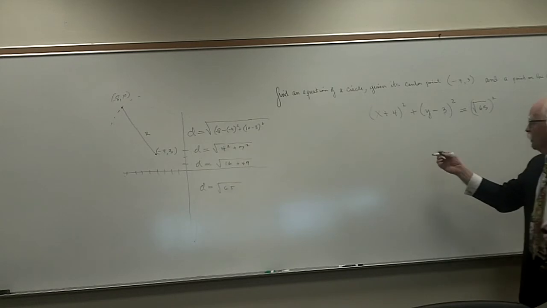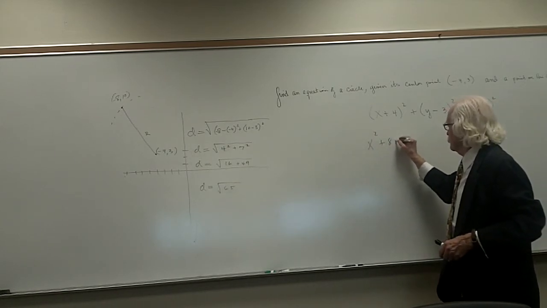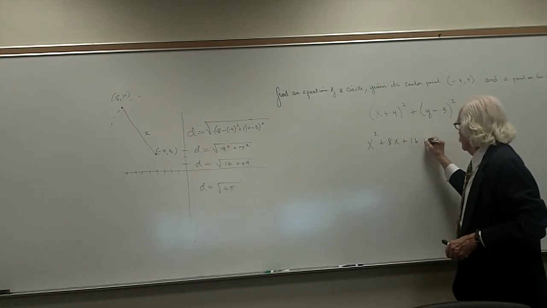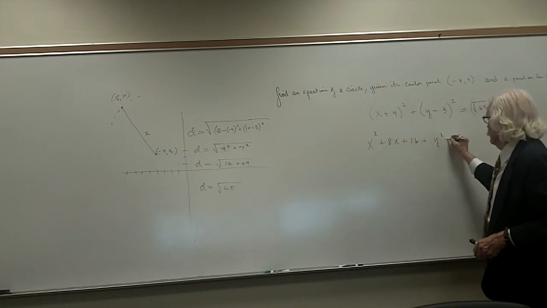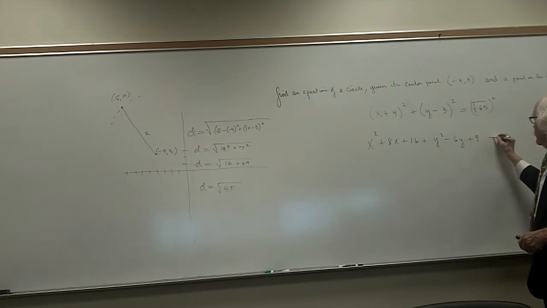So this now becomes x squared plus 8x plus 16 plus y squared minus 6y plus 9 equals 65.